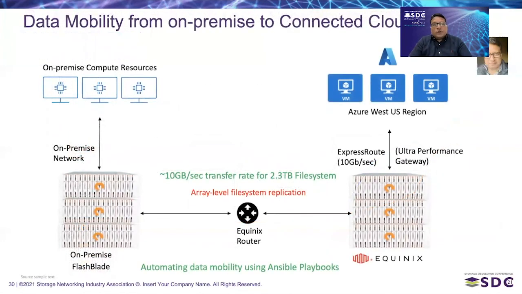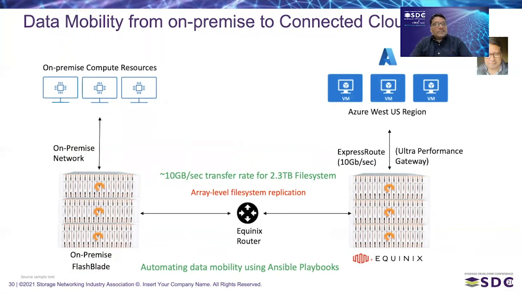Now, the other aspect of this kind of cloud-connected environment in the co-location is data mobility. Pure Storage has array-level file system replication. So for every file system or object store, you have replication natively inside the array, where you can initiate a transfer ahead of time so that you can prep or stage the data in the co-location before you connect to any cloud like Azure and spin up the VMs.